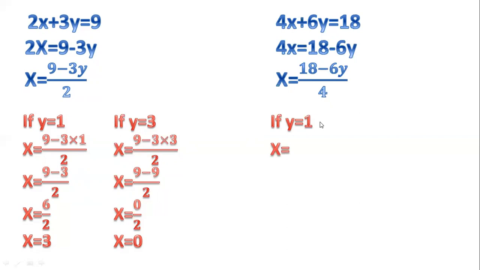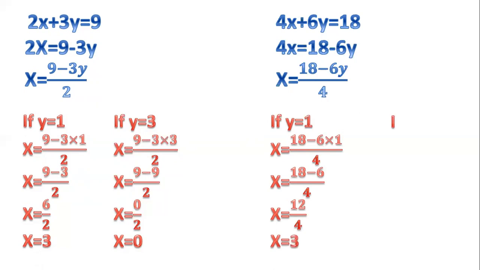So if y is equal to 1, x is equal to 18 minus 6 into 1 by 4, 18 minus 6 by 4, that is 12 by 4, that is 3.